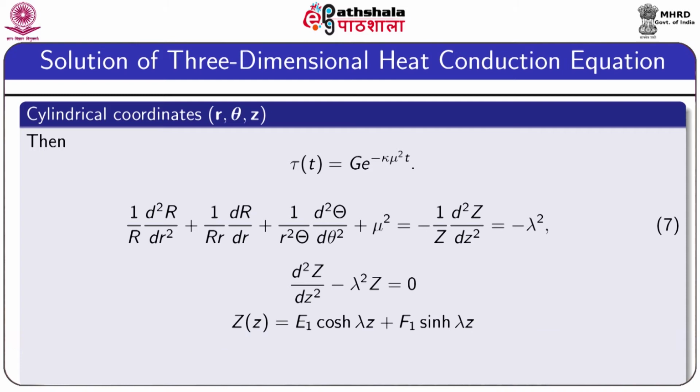Capital Z equals E1 cosh lambda z plus F1 sinh lambda z, where E1, F1 are arbitrary constants.